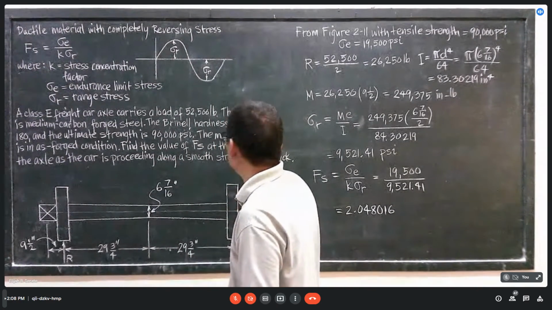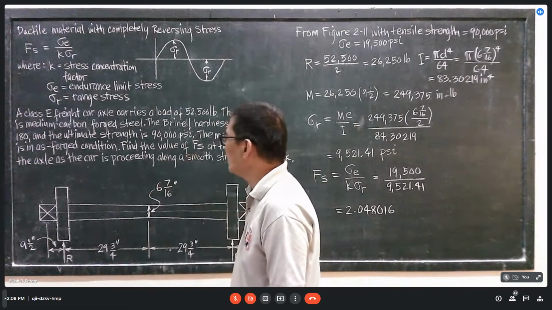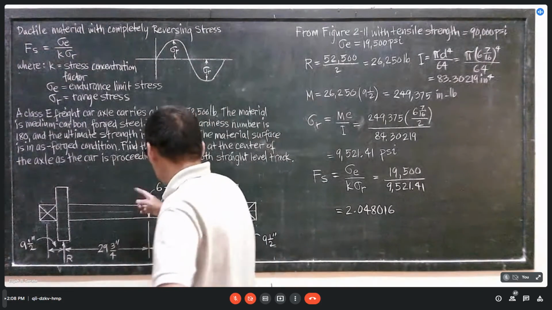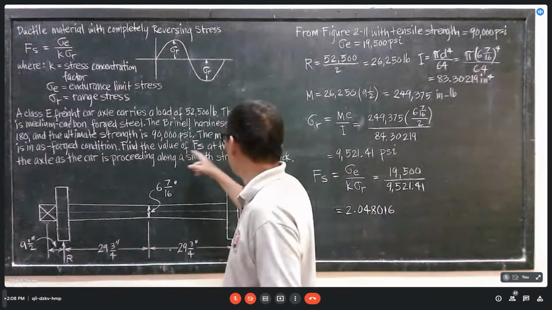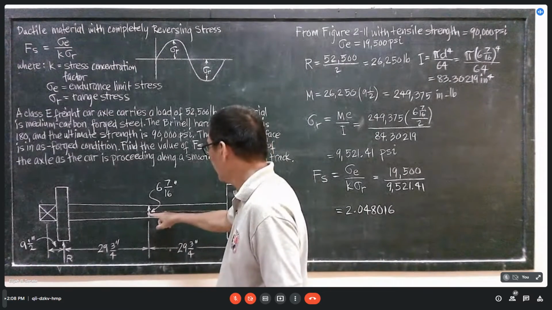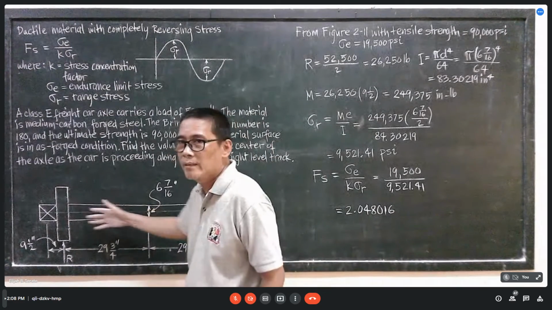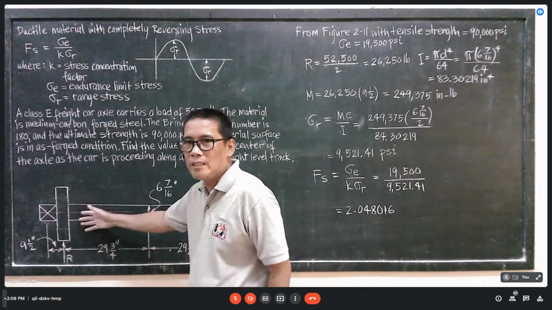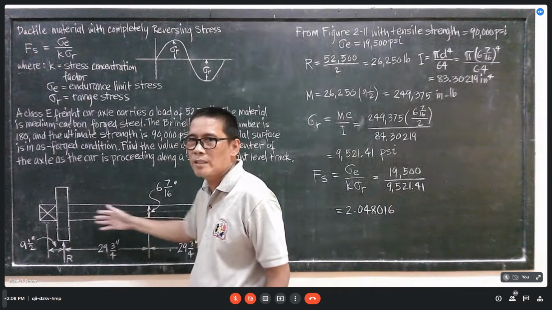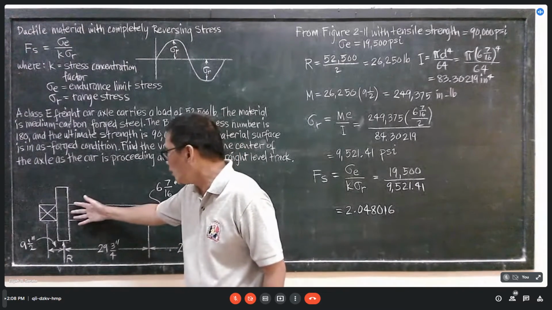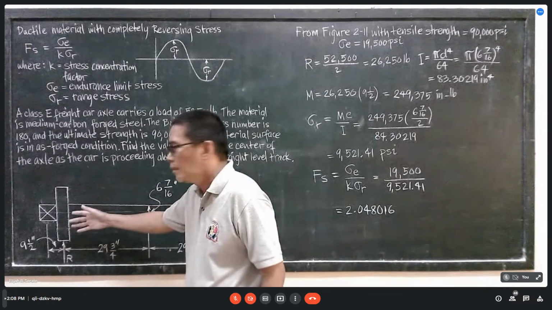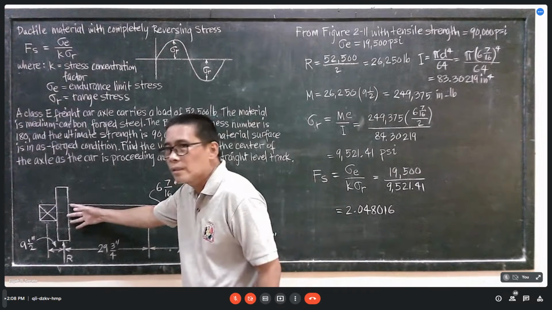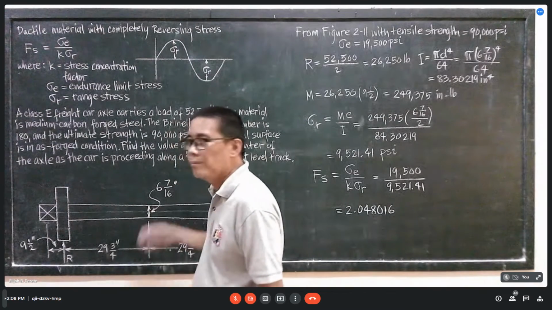Now, the Brinell hardness number, of course, what is given is the ultimate strength. So, we are going to find the factor of safety at the center. You will notice this is a little bit tapered, but it is not an abrupt change of cross-section. So, in this case, we do not have to consider the stress concentration factor. Although it is not of the same diameter on the sides and in the middle, if you look at this in the PDF file.